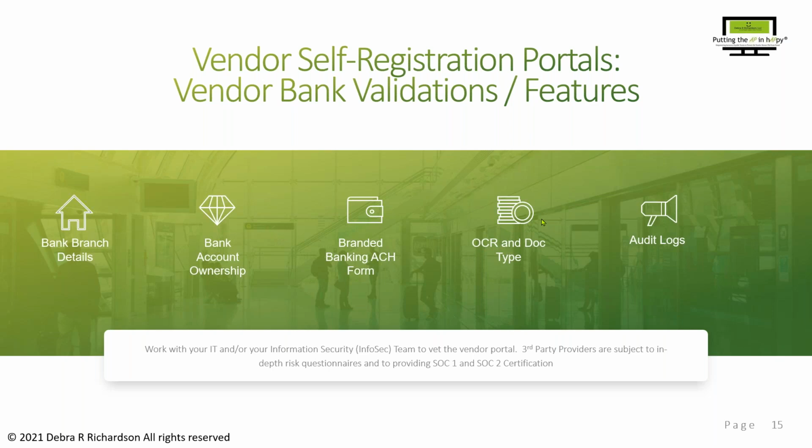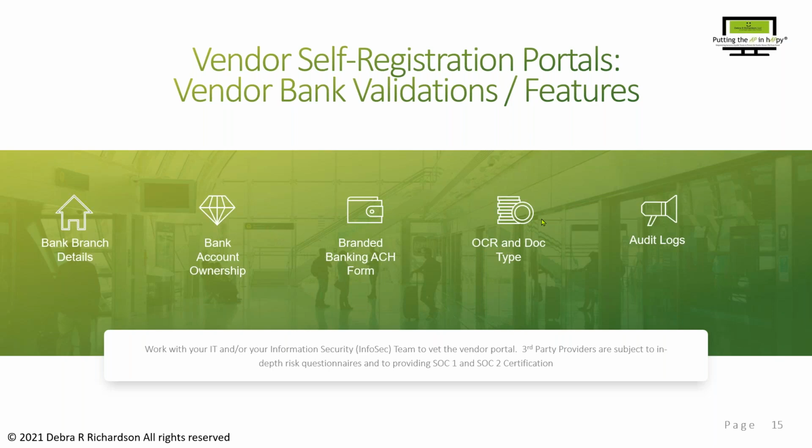And then once you have that, your third-party provider will link to it. If that option does not exist within your third-party provider's vendor self-registration portal, then again, if your company chooses to perform the validation and has an account with the service provider, the vendor team will need to validate that separately.